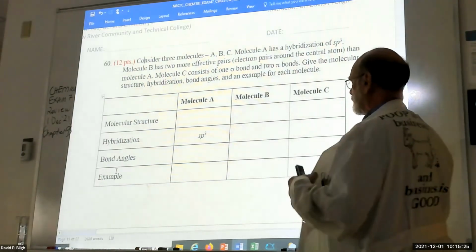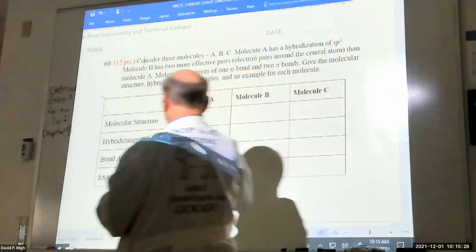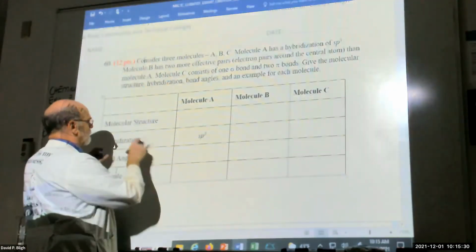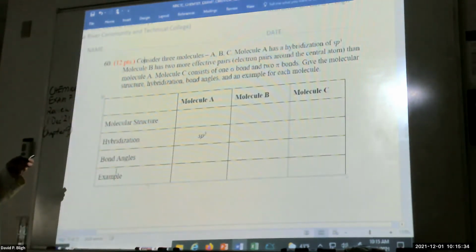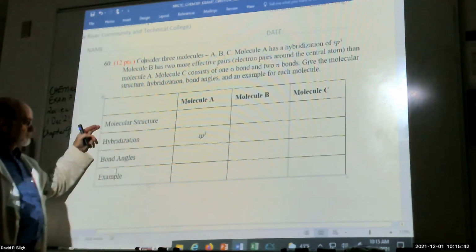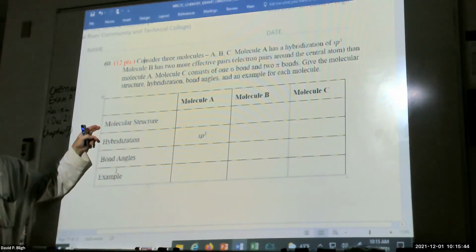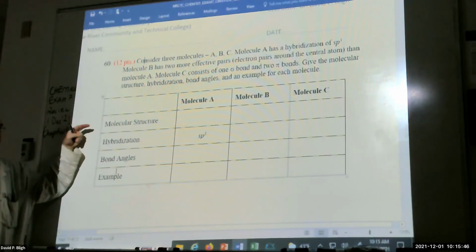Okay. Let's work with this one first. The molecular structure. Now that's assuming hybridization of sp3. The molecular structure here, we have to assume that we're dealing with no lone pairs.